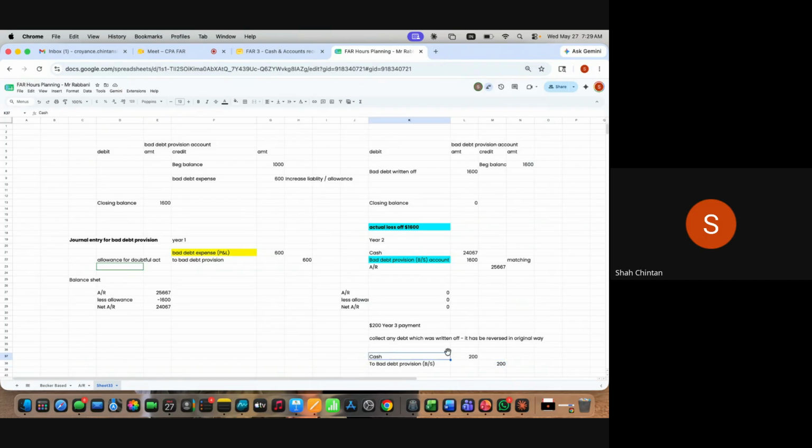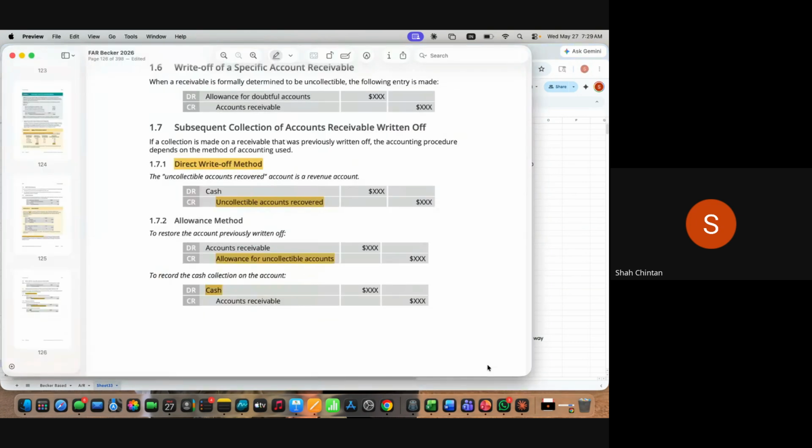Your entry is cash account debited to bad debt provision account. बुक में अगर देखते हैं तो द नेट एंट्री इज द सेम विच इज कैश अकाउंट डेबिटेड टू बैड डेट प्रोविजन अकाउंट. दूसरा नाम अलाउंस फॉर अनकलेक्टेबल, तीसरा नाम CECL अलाउंस, चौथा नाम अगर इसमें चाहिए तो डाउटफुल डेट प्रोविजन अकाउंट. बट अल्टीमेटली योर एंट्री इज कैश अकाउंट डेबिटेड टू बैड डेट प्रोविजन अकाउंट.